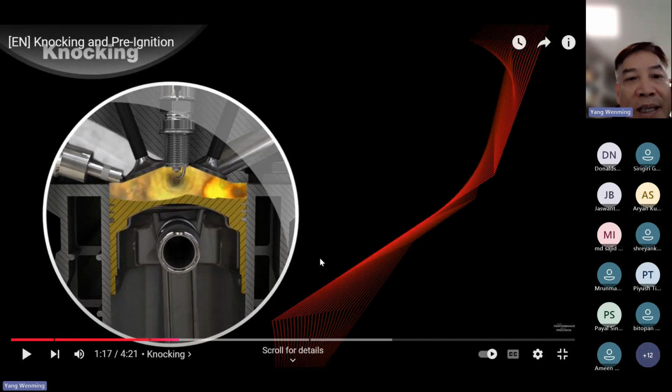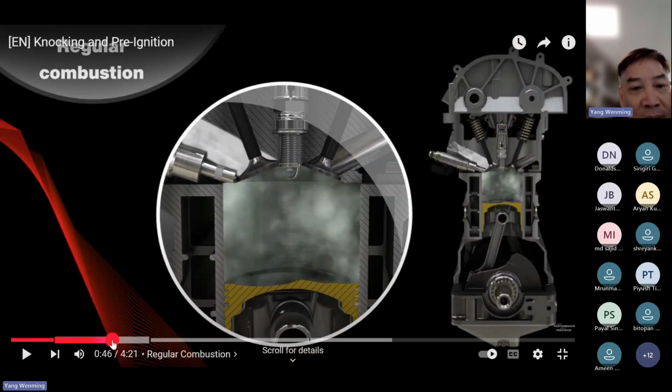Did you see the difference between the normal combustion process and the knocking combustion process? Here I show you the knocking occurs in the earlier stage.